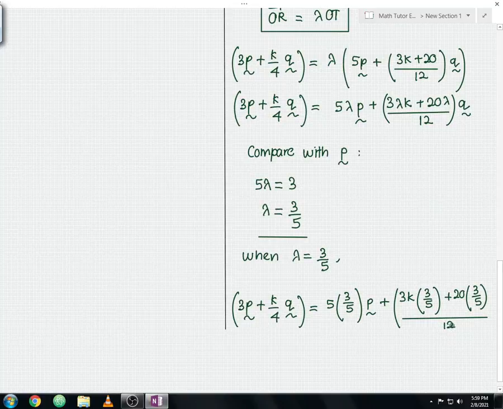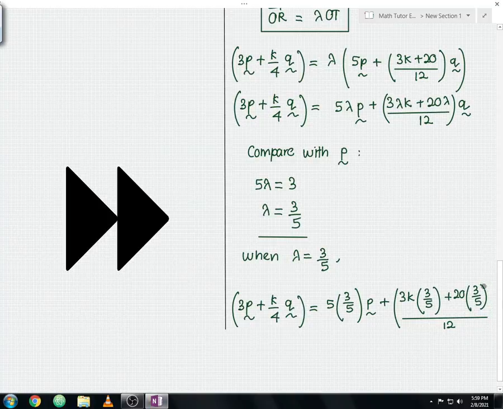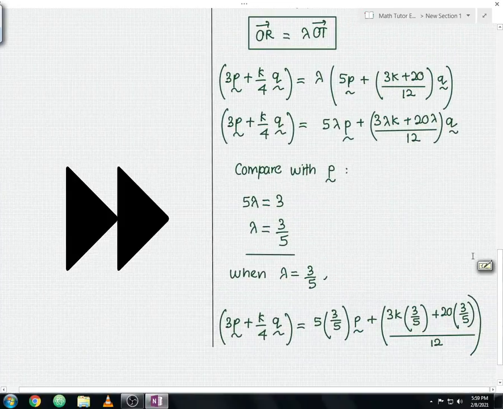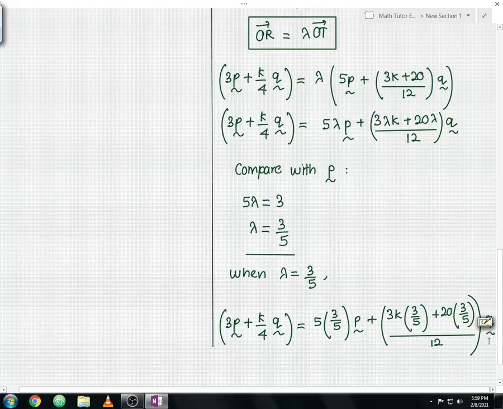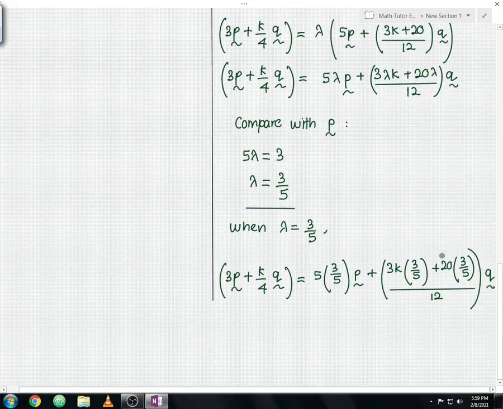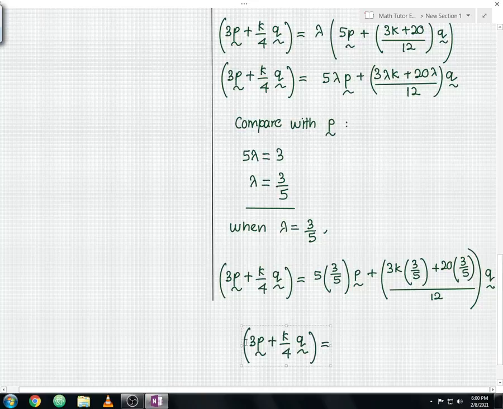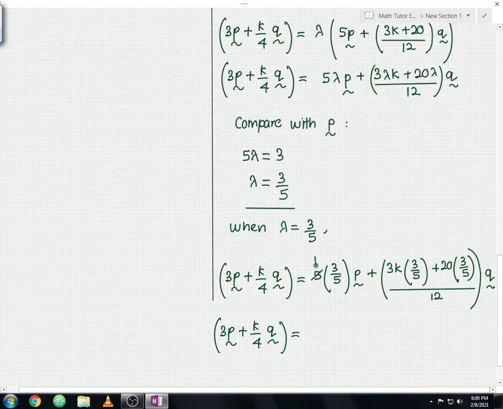Okay, divide with 12, this way, guys. Component Q. So from here you continue the calculation of the fraction. So the left hand side still remains the same. Okay, so you copy paste this. So this one, the 5 you cancel, you get 1. You cancel the denominator, you get 1. So your P will be 3P.